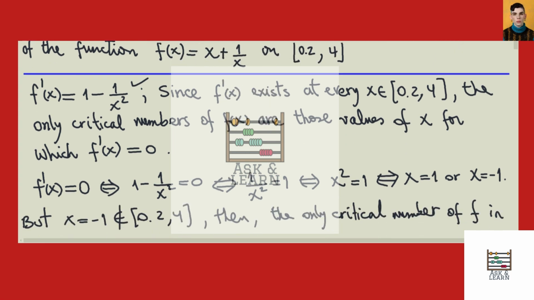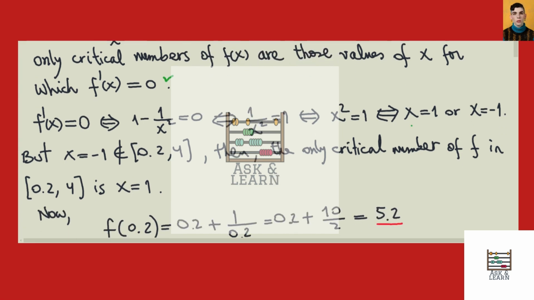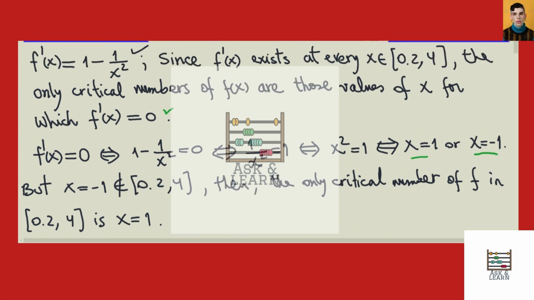For that, we calculate the derivative of f and solve the equation f'(x) = 0, and we got in this case two solutions, 1 and -1, but we've got to stick with the solution that is in the interval [0.2, 4].